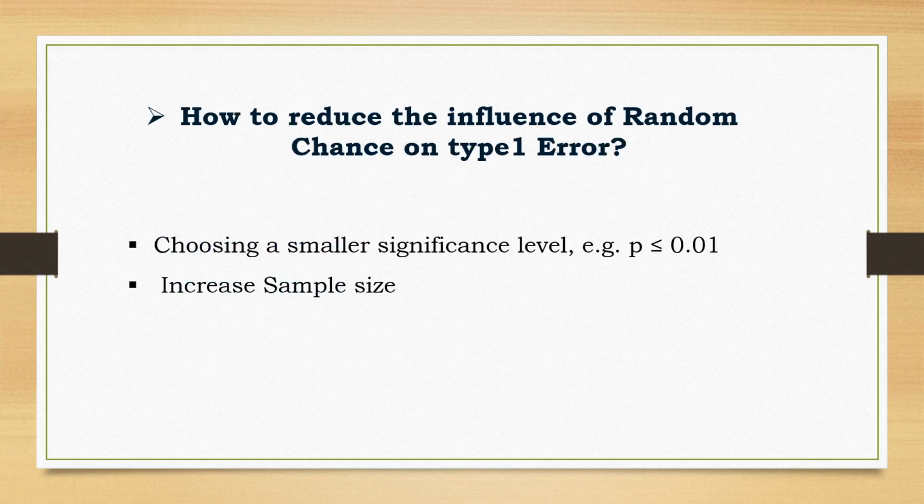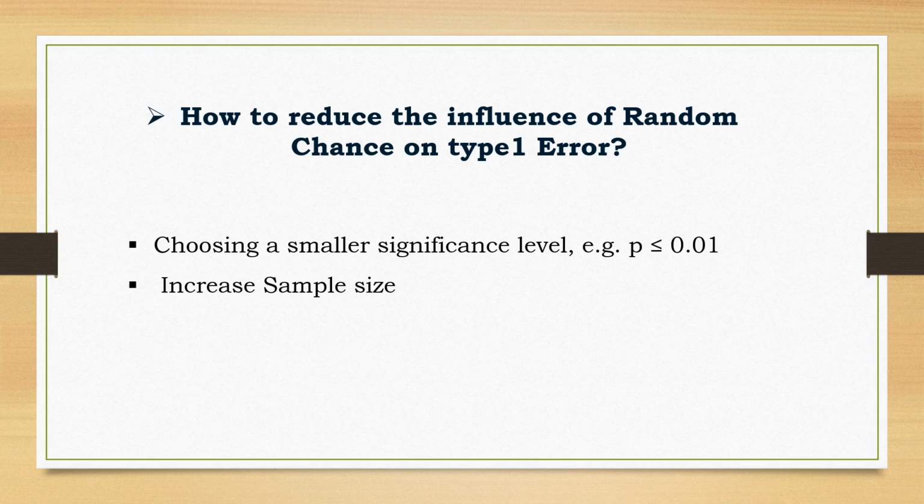How to reduce the influence of random chance on type 1 error? This could happen by using the following. First, choosing a smaller significance alpha level.